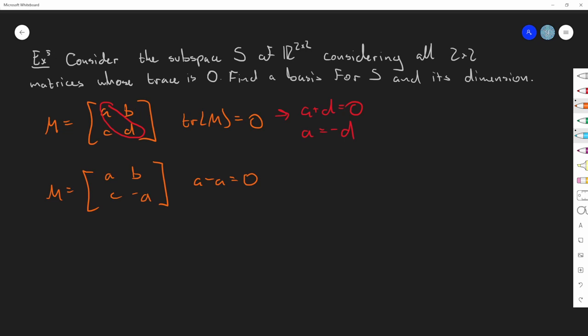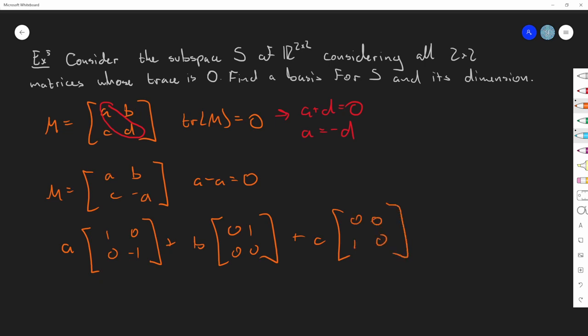And so we can just go on with what we usually do, and factor out the A's, B's, and C's. So we're just gonna get A times [1 0; 0 -1], plus B times [0 1; 0 0], and then plus C times [0 0; 1 0]. And that's it.